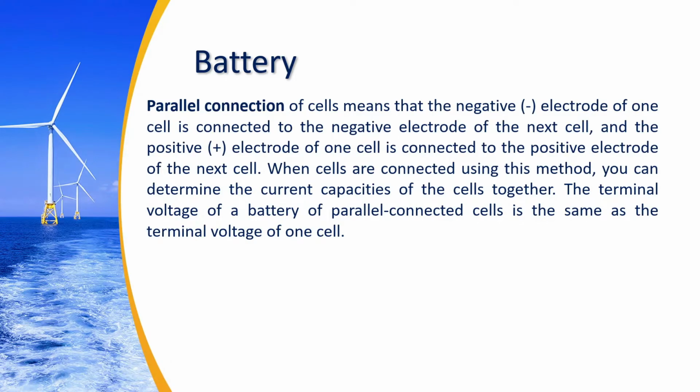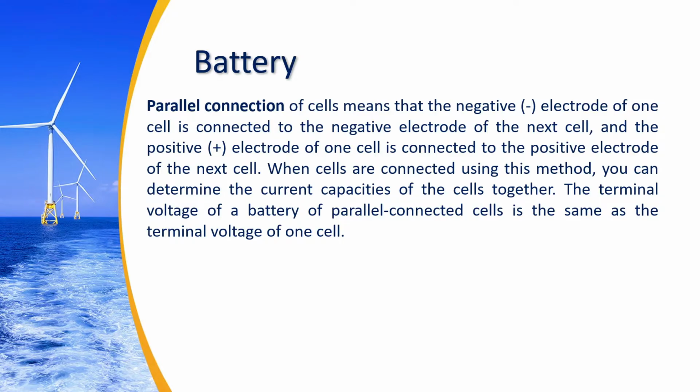So next, for parallel connection. So parallel connection of cell means that the negative electrode of one cell is connected to the negative electrode of the next cell, and the positive electrode of one cell is connected to the positive electrode of the other cell. So when cells are connected using this method, you can determine the current capacities of the cells together.